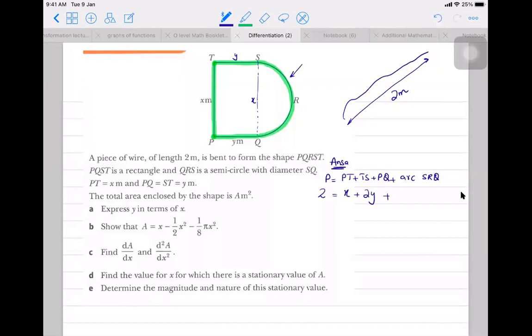Now, how can we find the arc length of a semicircle? Basically, that's the same as finding the circumference of a semicircle.